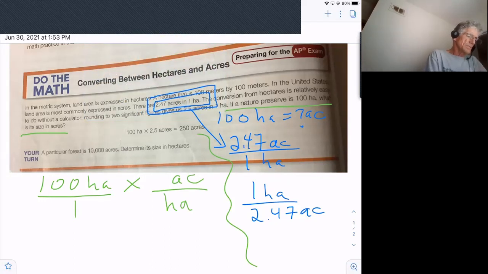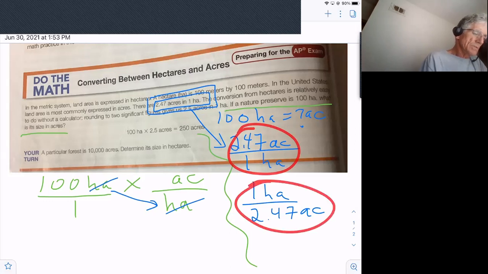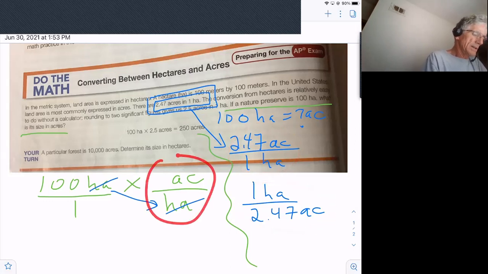Okay, so you can see you bring the hectares down so that it cancels out, but don't forget to put the number in next to the unit. Of these two, which one would you pick to multiply the known term by? Well, this one matches because acres are on top.